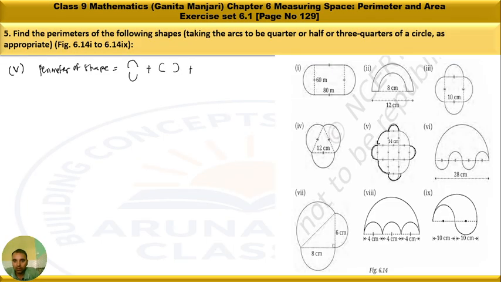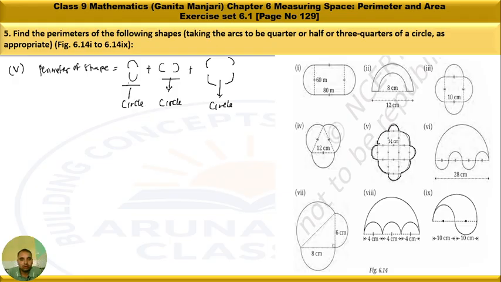First quarter of the circle, second quarter, third quarter, and fourth quarter. All 4 quarters, if I add, I can have a complete circle. If I add these two semicircles, it will be a circle. If I add these two, it will be a circle.